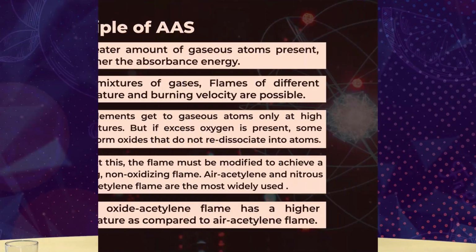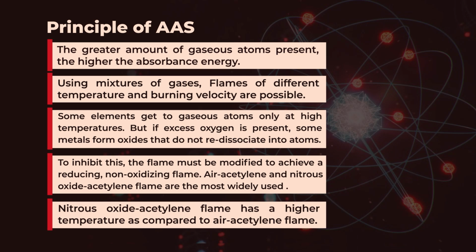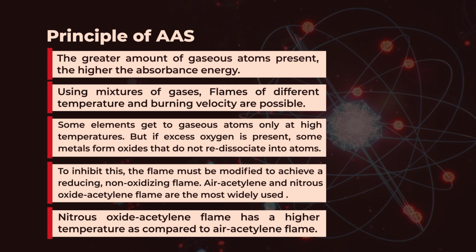So in those cases, the flames are not of one gas. It is always with the reducing gas. And what is the reducing gas? Acetylene gas. So we have a mixture, air acetylene burning, nitrous oxide acetylene burning. And by increasing nitrous oxide, you can achieve higher temperature. A nitrous oxide acetylene flame has a higher temperature as compared to an air acetylene flame.